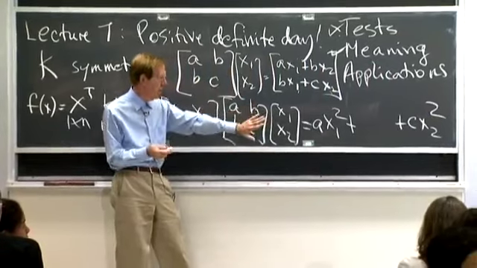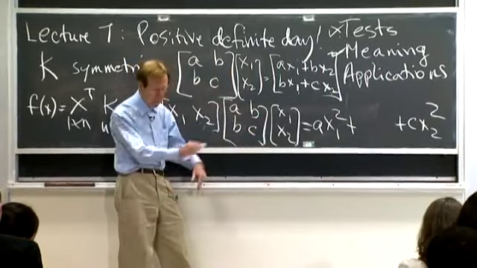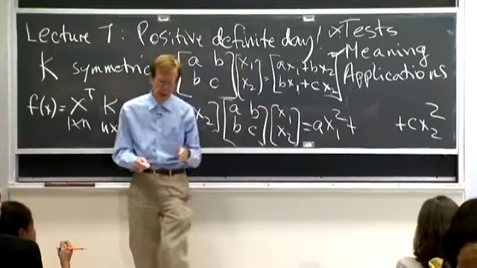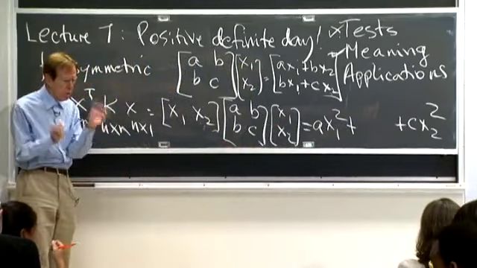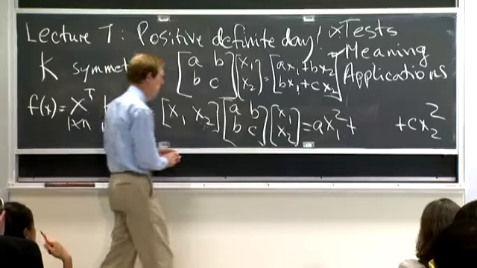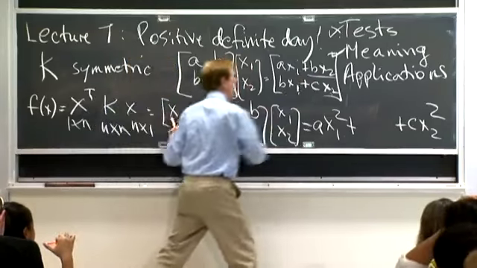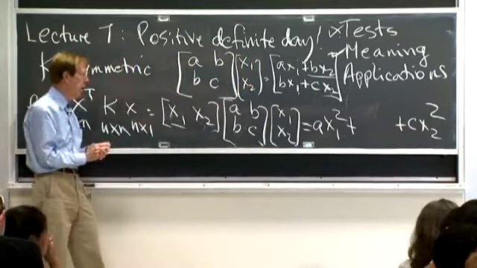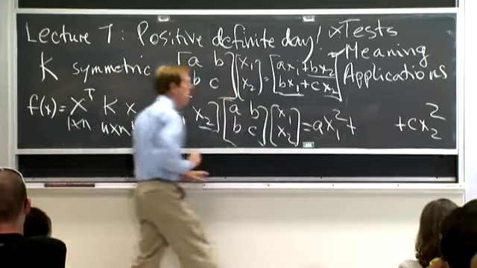So you're seeing already where the diagonal shows up. The diagonal A, C, whatever, is multiplying the perfect squares. And it'll be the off diagonal that multiplies the x1, x2. We might call those the cross terms. And what do we get for that then? We have x1 times this guy. So that's a cross term, b x1, x2, right? And here's another one coming from x2 times this guy.